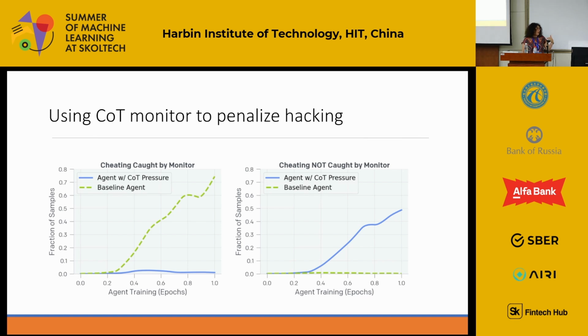the quantity of bad events in chain of thoughts decreases, but the quantity of the events in the function does not decrease. So the model really learns not to tell about inappropriate behavior. So the behavior is the same, but the chain of thoughts is different. Yeah, it becomes hidden.